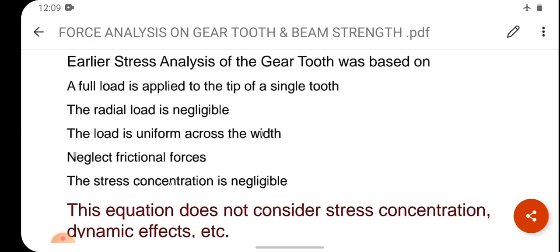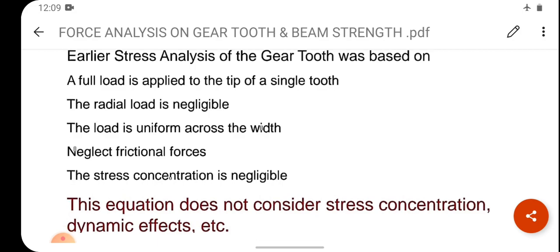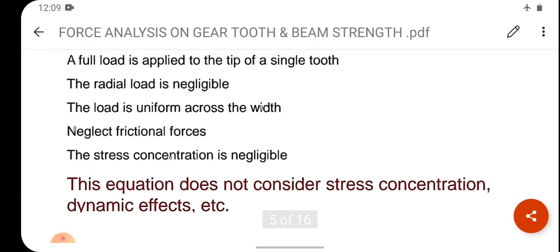The radial load in this case is negligible, or considered 0. The load is uniform across the width. These are the assumptions. Neglect frictional forces between the meshing teeth. Frictional force we also neglect. The stress concentration is negligible. So this equation does not consider stress concentration, dynamic effects and so on.